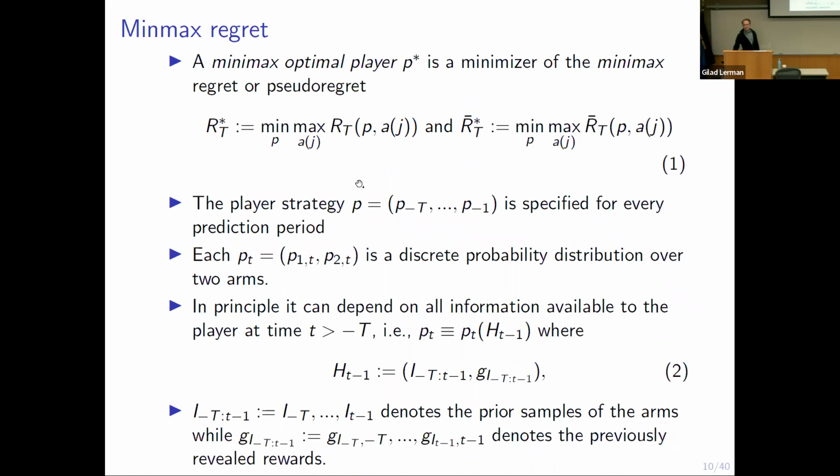I'm not interchanging max and min. It's not going to work, it would be trivial. The player knows that, so it would be trivial, you would pick it exactly. So we're not doing the min in this setting. Min max is not equal to max min.